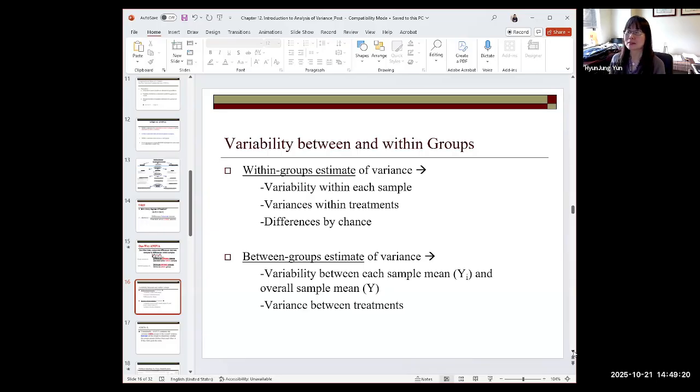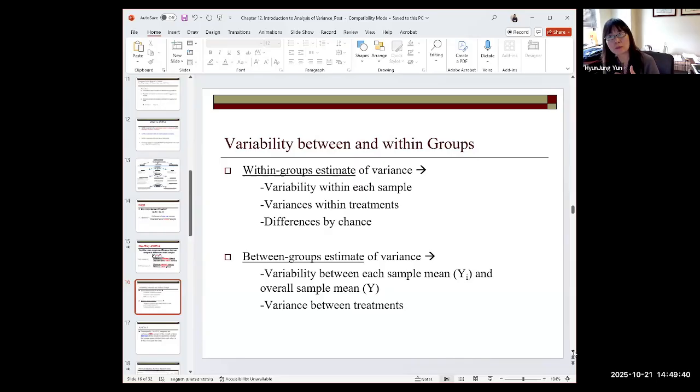When I say between group estimate, that's exactly what your hypothesis and my hypothesis try to test. So Republican is different from Democrat, or Democrat is different from independent.